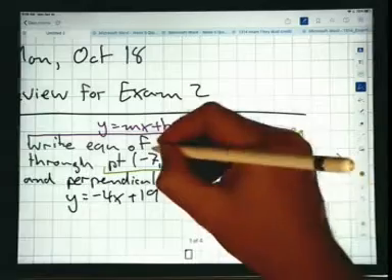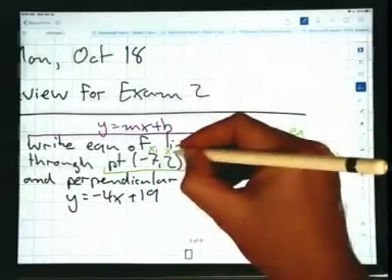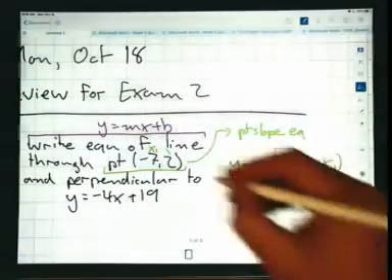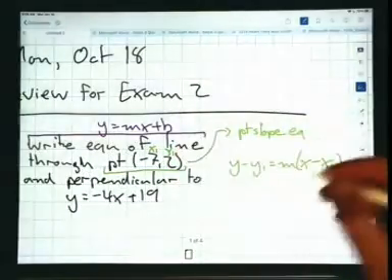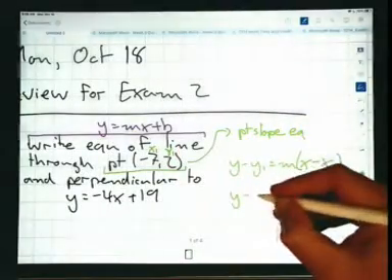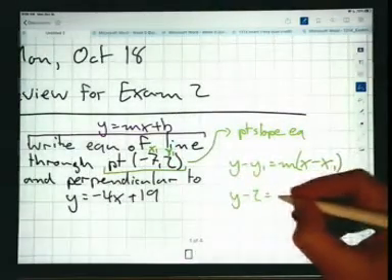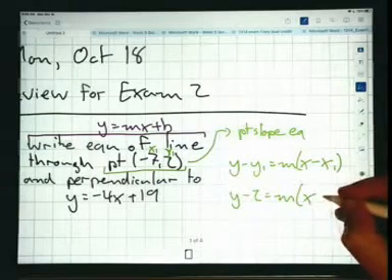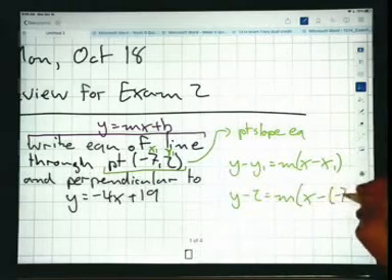I could go ahead and start plugging in some values here. We have x1 and y1. So we could say y minus 2 is equal to m times x minus a negative 7.